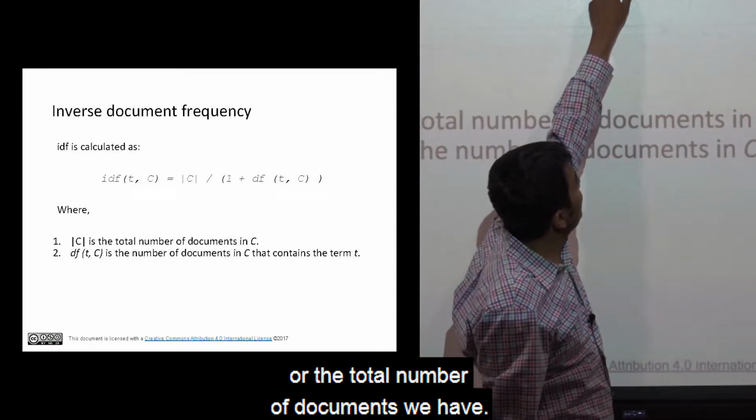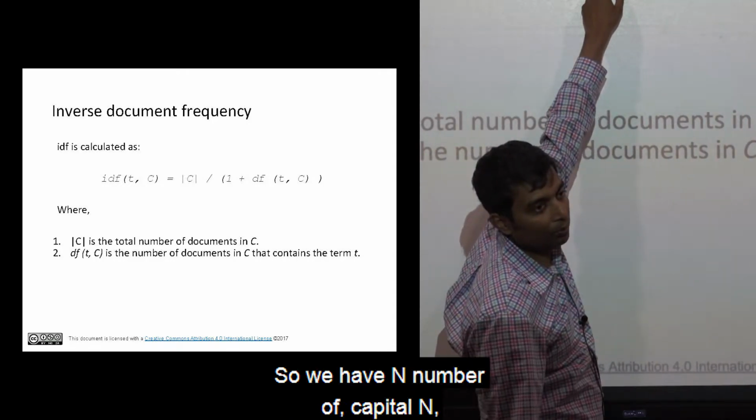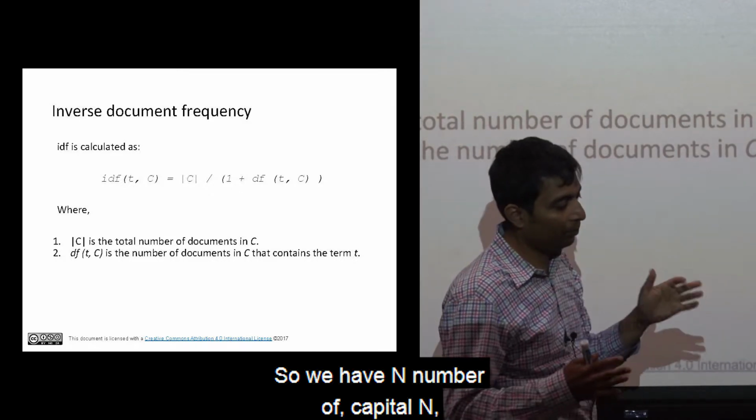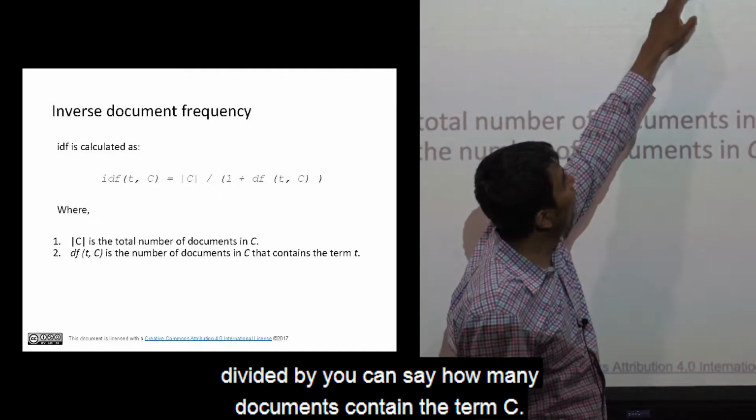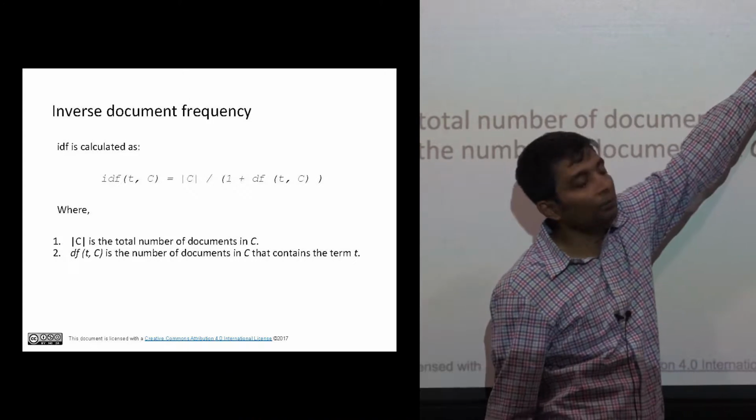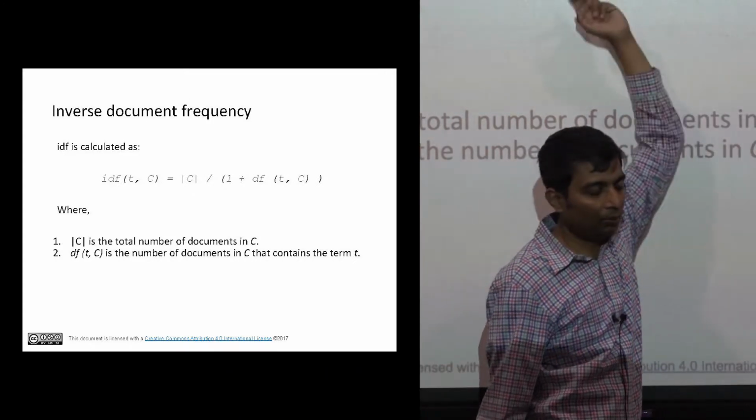And then capital N is the total collection or the total number of documents we have. So we have capital N divided by how many documents contain the term T. That way you calculate the IDF.